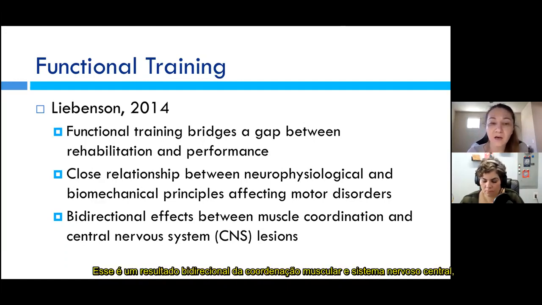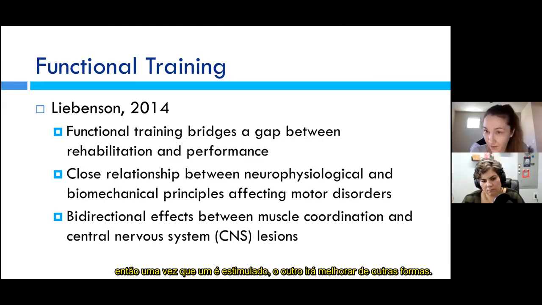And this is a bidirectional result of muscle coordination and the central nervous system. So once we stimulate one, the other one is going to improve, and the other way around.